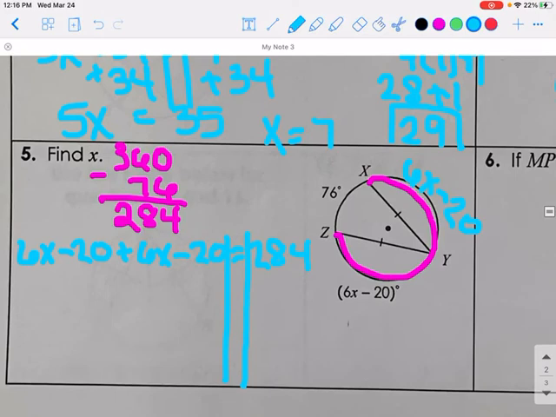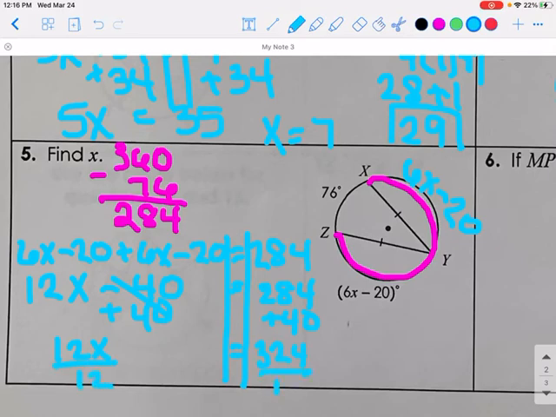I have a 6x and a 6x, so I should get a 12x. Minus 20 and minus 20 make minus 40. Equals 284. Add 40. So you have 324 on this side. Divide by 12. Divide by 12. x is equal to 27. And in this case I said find x, so we will stop there.